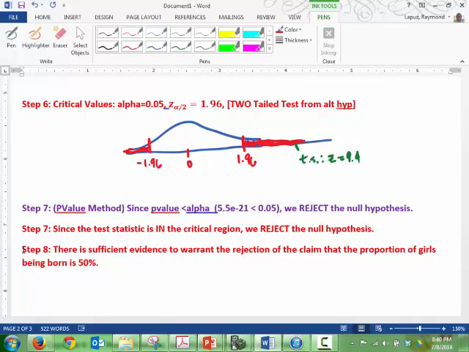Okay? So what I tried to do there is, without redoing everything from scratch, I just tried to look at the places where it would be different from the traditional method, using the test statistic and the graph and stuff like that, versus the p-value method, where you just look at the p-value, the calculator, the p-value, and then compare it with the significance level.